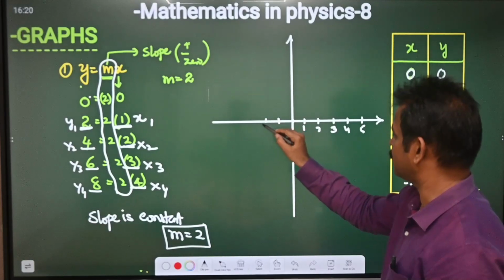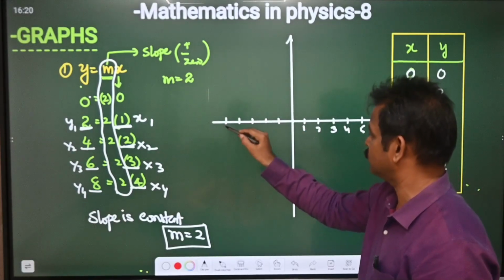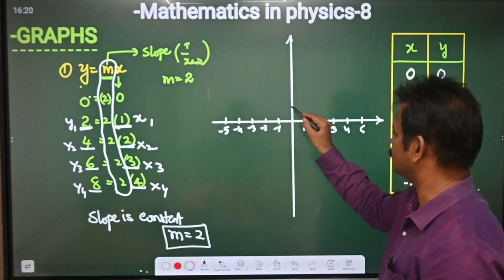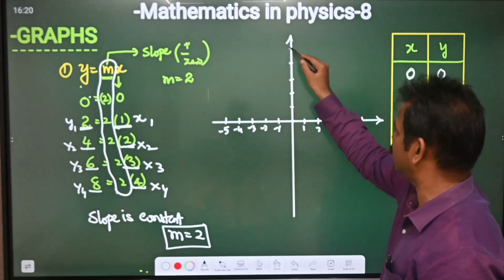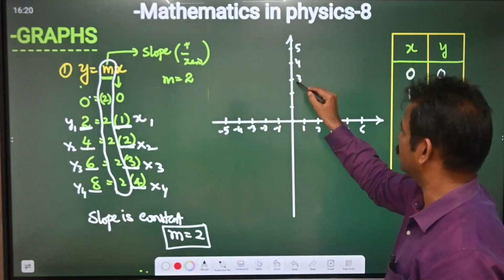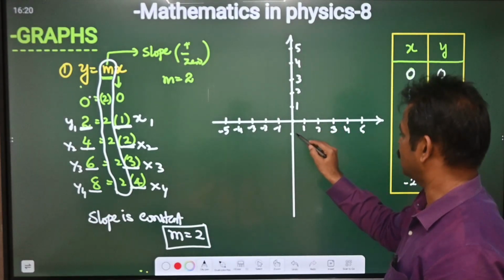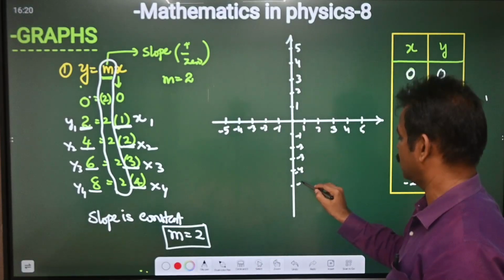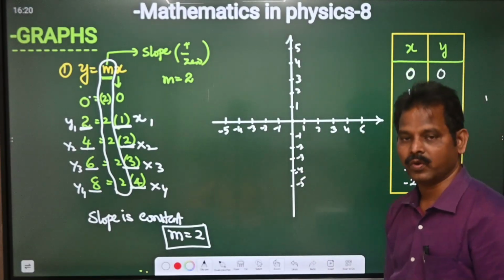Similarly, this is minus 1, minus 2, minus 3, minus 4, minus 5. And along the negative y axis, this is minus 1, minus 2, minus 3, minus 4, minus 5.